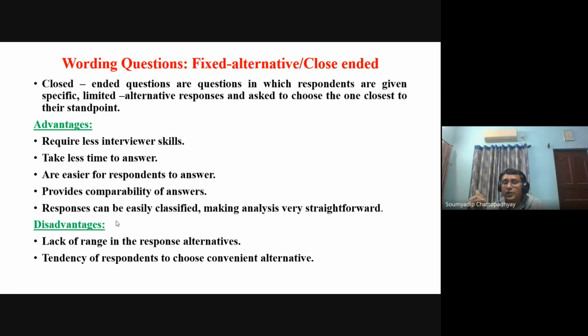First, lack of range in the response alternatives, because here we are limiting the different types of responses which we are getting, and also there is a tendency of the respondent to choose the most convenient alternative, which might not be the case with an open-ended questionnaire, because there is a possibility that if the respondent wishes, he or she can think of completely different kinds of answers to the questions which you are posing. So these are some of the disadvantages of the close-ended questionnaire.